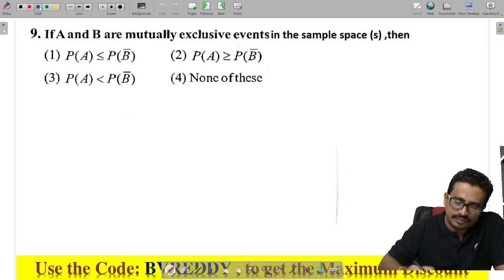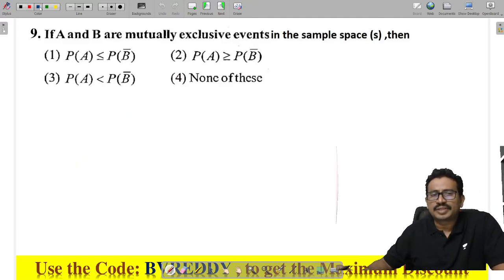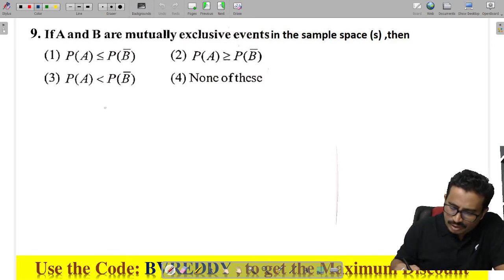Next, if A and B are exclusive events in the sample space, what they are saying is that A and B are exclusive events, then there is no common thing between A and B. So that means P of A intersection B is 0.